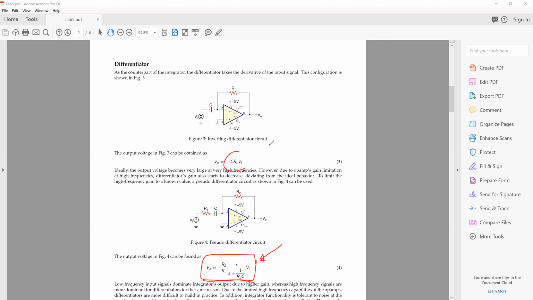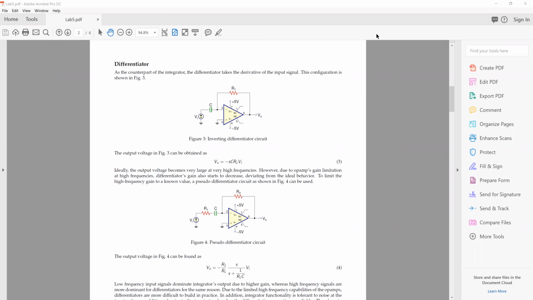If I try to draw a Bode plot for this, at higher frequencies the gain just keeps going on, but this transfer function starts like this and flattens out at high frequencies. So instead of the gain blowing up, we make the gain a large but constant value.